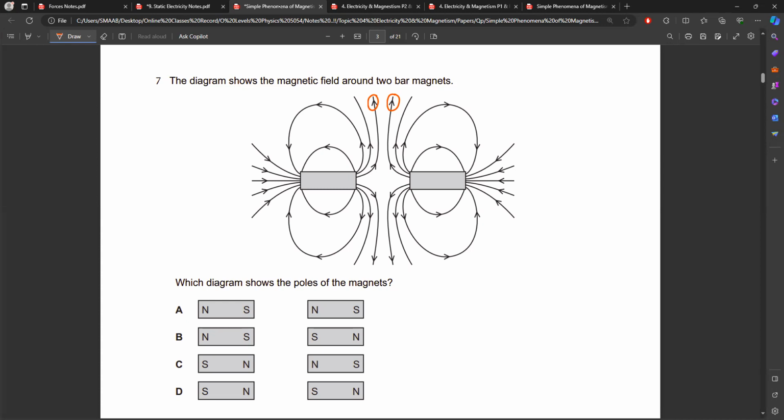From that concept you can easily relate it with the magnet, because field lines are moving out and north pole makes the field move in an outward direction, so definitely it will be north. On the other side the field lines are moving inside, so definitely this side will be the south pole. Option C.